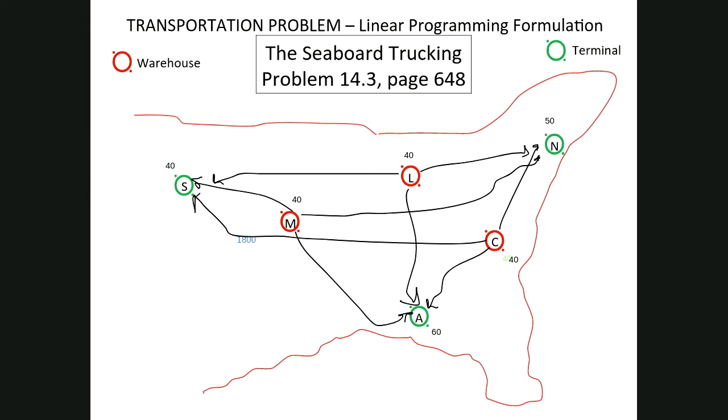And if we go from Charlotte to Atlanta, we're going to earn $2,100 for every truck that's shipped on that route. If we go from Charlotte to New York, we're going to earn $1,600. And that's from the table that we were given, and so forth.